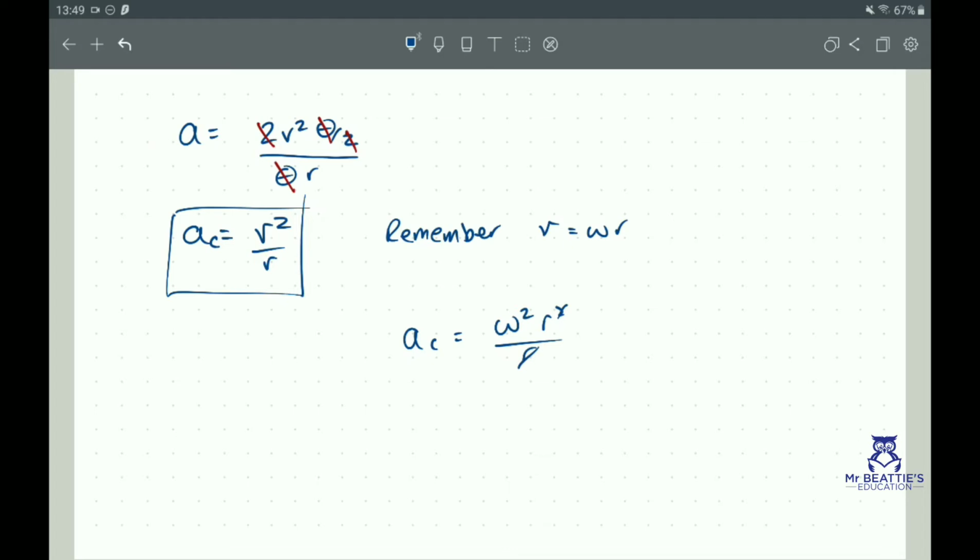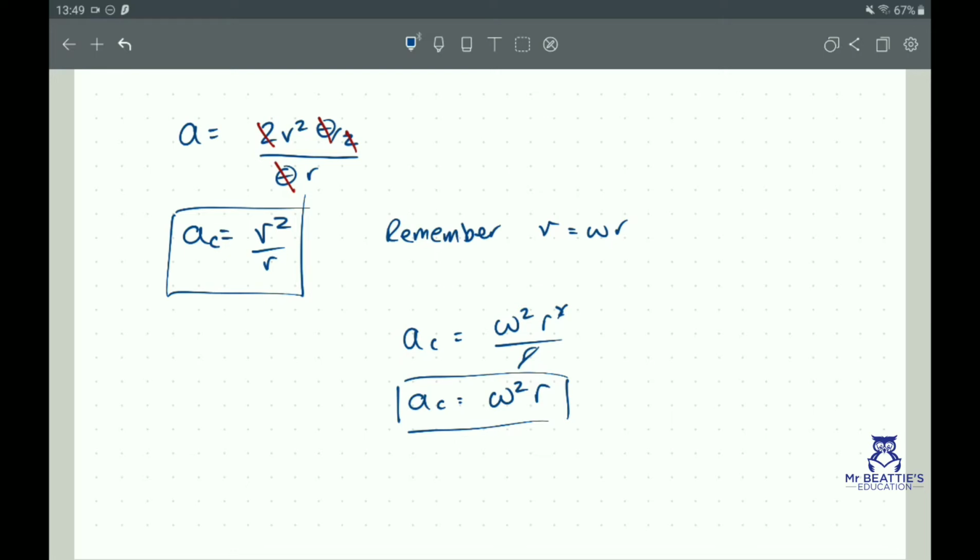That'll cancel off with one of the r's on the top. And so another equation for the centripetal acceleration is omega squared r. That's how we derive our two equations for centripetal acceleration.